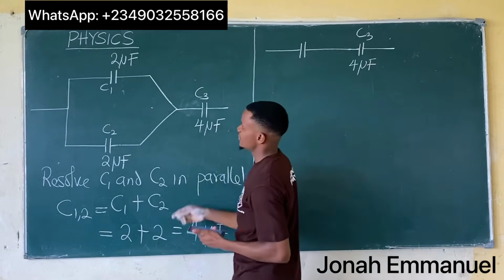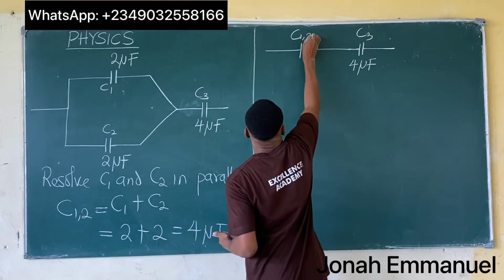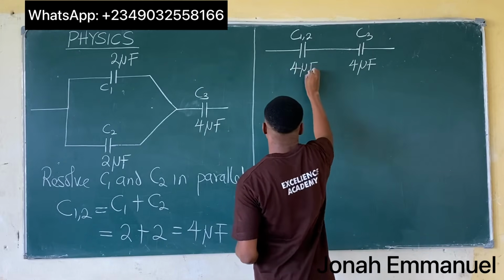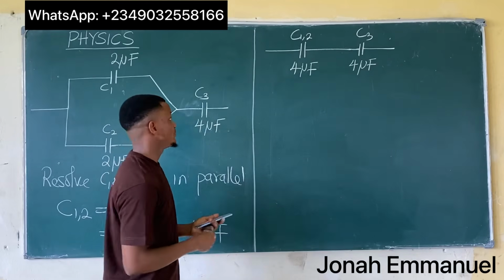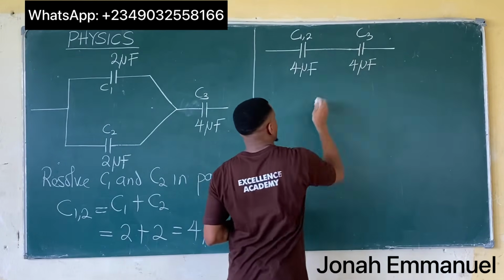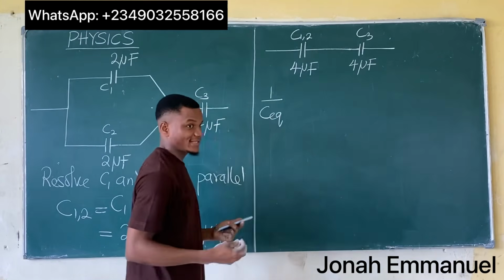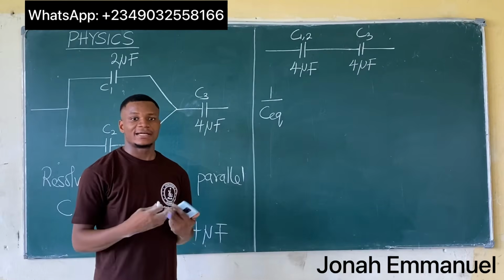This one here is the combination of these two, that's C12, whose value we got here as 4 microfarad. My final task will be to combine these two. So hence, 1 over my equivalent, or my net. When they say find net capacitance or equivalent capacitance, they are the same thing.